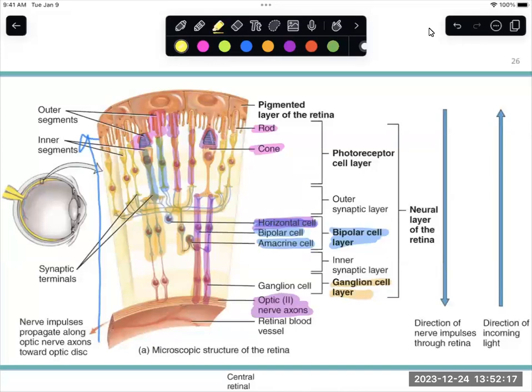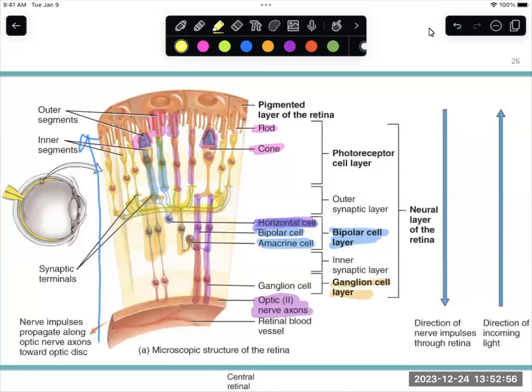And the reason that happens, our cones are going to connect directly to these bipolar cells because cones provide the most precise vision. This most precise information is traveling through these bipolar cells right away. Rod vision isn't as clear, and it's evident because you can see this one horizontal cell is attached to 1, 2, 3, 4, maybe 5 different rods.